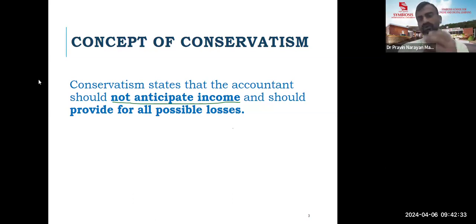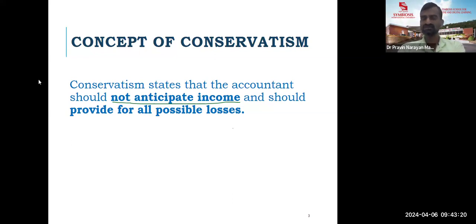So we have to make provisions for contingencies, to ensure that in the financial statements this is reflected as a cautious estimation or provision for the company's financial health. Basically, this concept deals with two aspects: we should not consider anticipated income, and we have to make provisions for future possible losses or expenses.